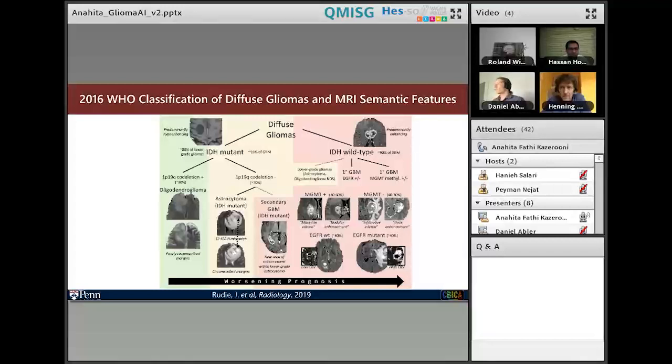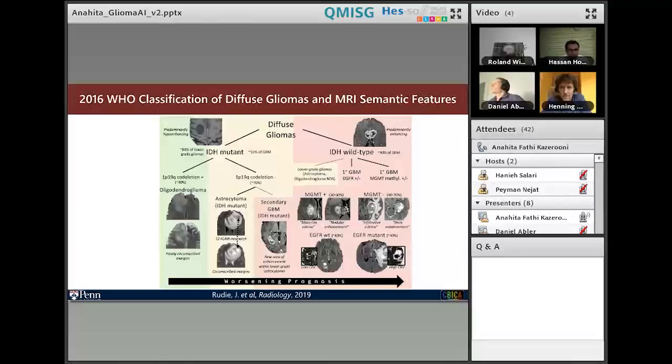If a tumor is IDH mutant, it is predominantly hyper-enhancing on T1 post-contrast images. And if 1p19q co-deletion is positive, suggestive of oligodendroglioma, it is usually poorly circumscribed on the FLAIR and T2 images. And if IDH mutation is there, but 1p19q co-deletion is negative, which is suggestive of astrocytoma, usually there's a mismatch between T2 and T2 FLAIR, and the margins are also circumscribed.